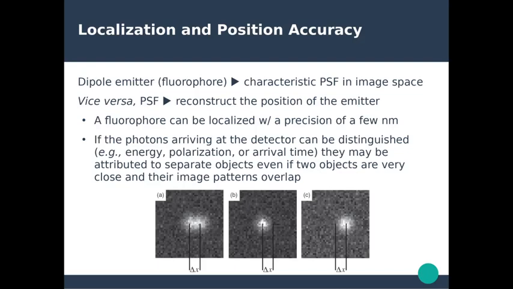So these are basically just two molecules that are oriented in different directions in space, and therefore they will emit light with different polarizations. So you can actually filter out the polarization signal coming from each of these two molecules. So this is also why localization and resolution are actually not the same thing. So here we have a high localization power in this setup, although the resolution is actually not high.